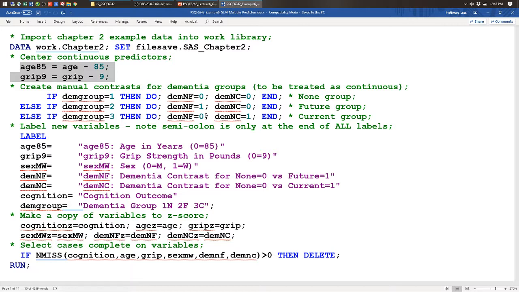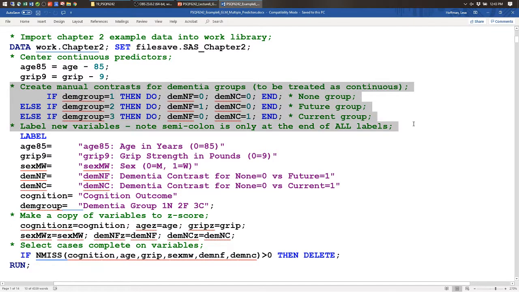That's not necessary. Anything in the middle serves the goal of making the intercept a meaningful value with respect to the reference point for your model. So I just rounded them. That way, in a model with age, the intercept is the predicted outcome for an 85-year-old. In a model with grip strength, it's the predicted outcome for someone who can squeeze 9 pounds per square inch. And that is a meaningful person within the scale of these measured variables.